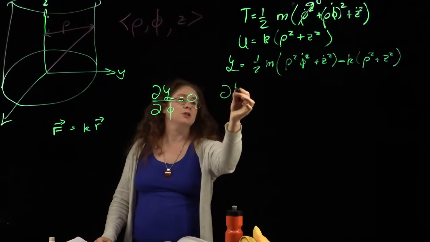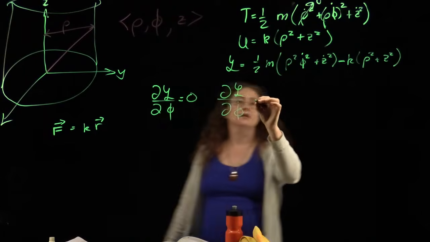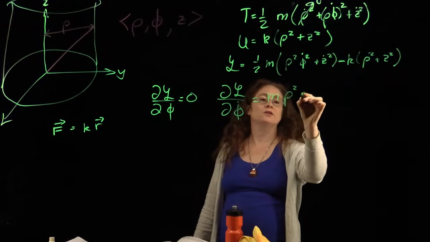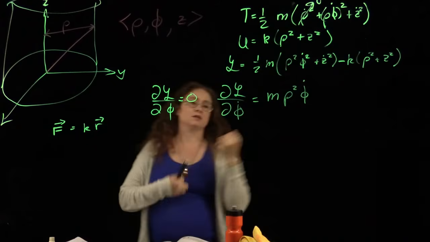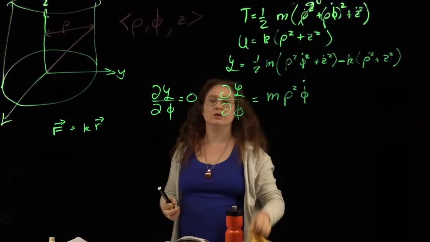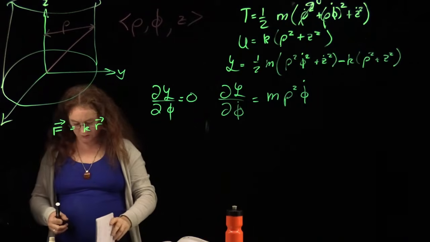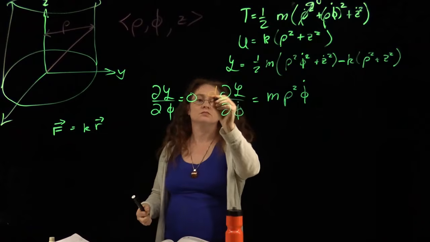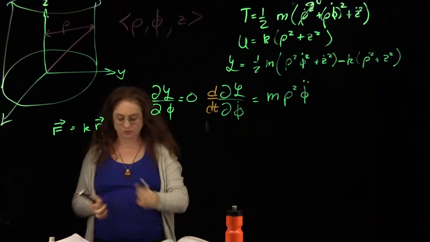And partial L, partial phi dot is m rho squared phi dot. We take the time derivative and we add a dot there.